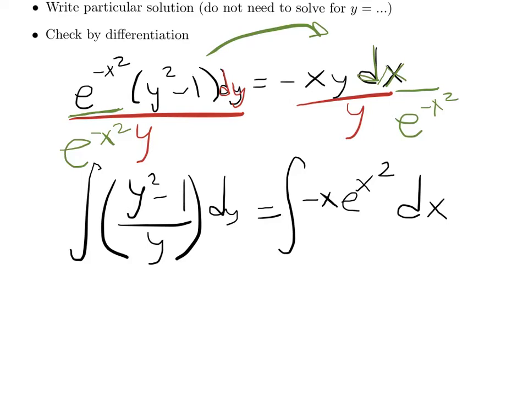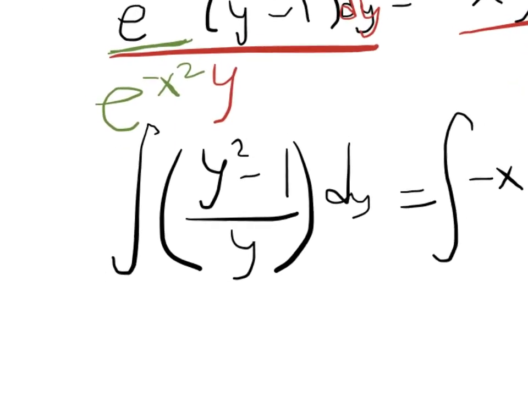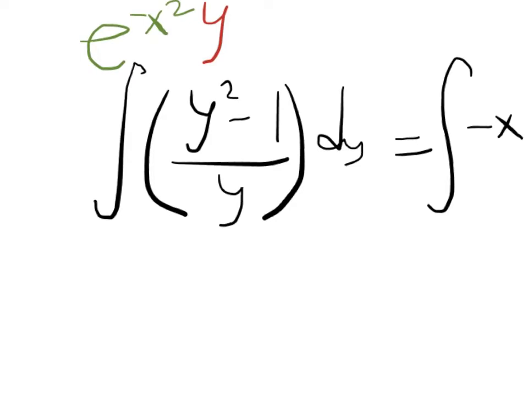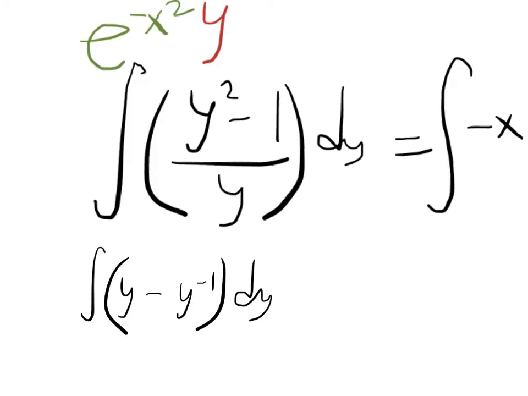Now we have to pull out our toolbox of all the different ways we integrate. Looking at the left side, what kind of tool are we going to use? First divide each term. It's way easier than you might initially think. That's going to leave you with y minus y to the negative 1 dy.